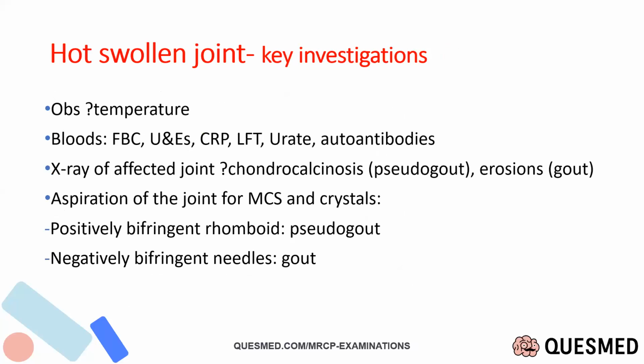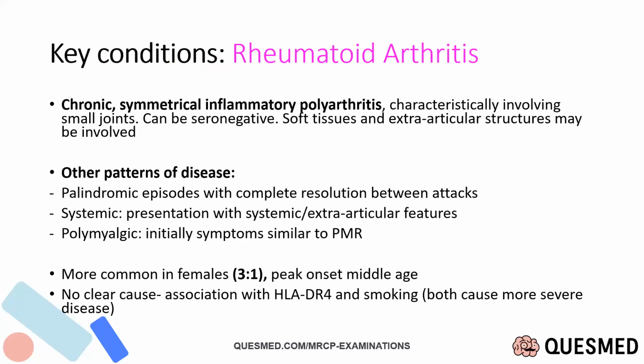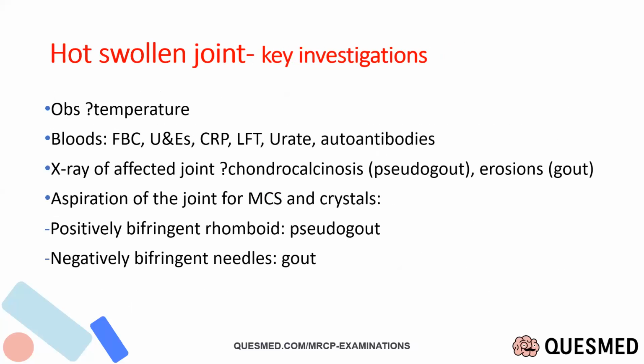So then investigations just to consider. Obviously, you would want to make sure they're not spiking temperatures. You would want to get your baseline bloods, but also include urate and autoantibodies. You want to get X-rays of the affected joint. So is there that chondrocalcinosis that you see typically with pseudogout? Are there erosions which might suggest gout, if they're little punched out erosions?